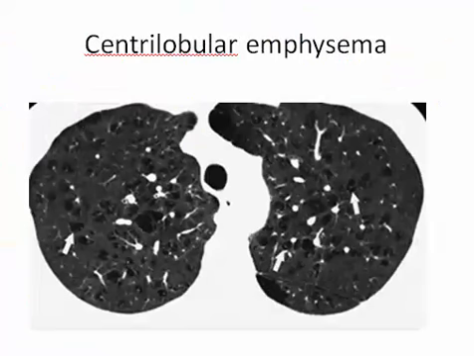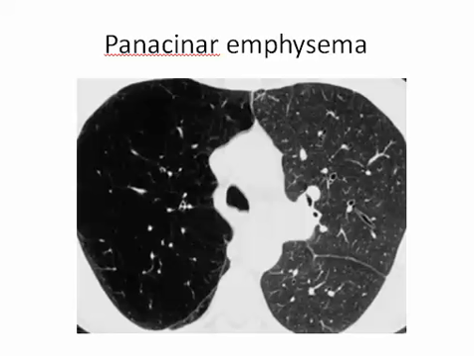So this one is the centrilobular, upper zonal, smoker related, multiple small bullae scattered in both lung fields.